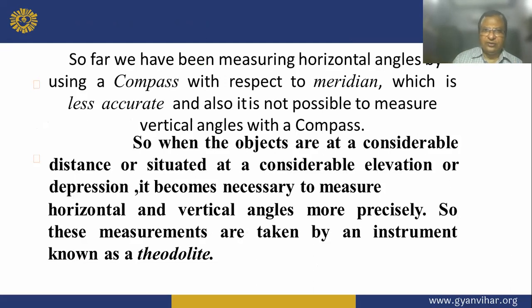So far, we have been measuring horizontal angles by using a compass with respect to the meridian, which is less accurate. So with respect to the meridian, what is the meridian?